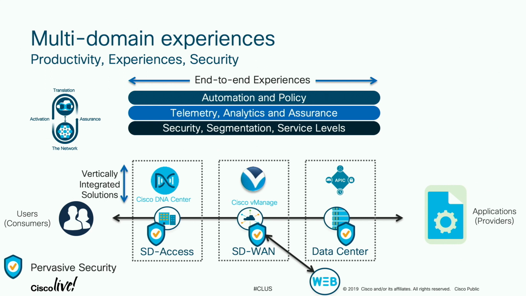So each domain continues to be very well vertically integrated. There are things that have to happen in each one of these domains, and the better you make it work, the better telemetry you're going to get as well. So what we're focused on is providing those end-to-end experiences, right? And there are a handful of them. Policy is one of them. So we want to be able to articulate policy between users and applications and automate how we render that policy into the network.